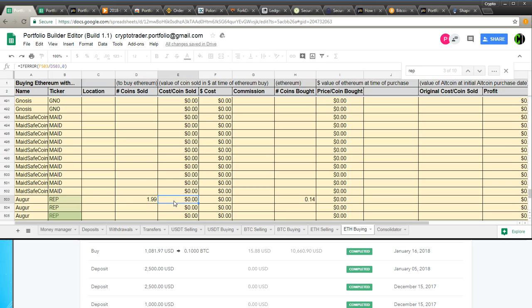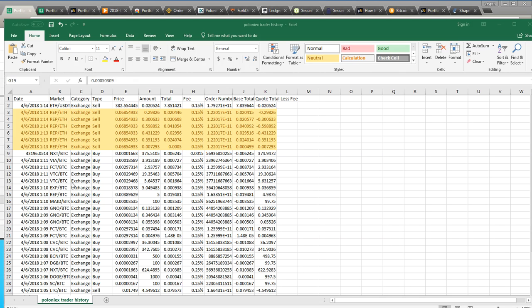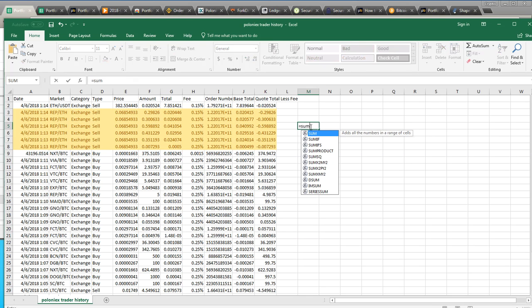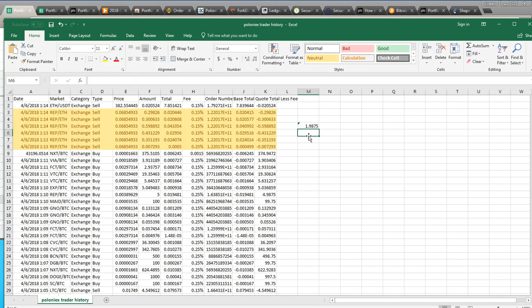It'll automatically figure out the cost of the coin purchased as well as the coin sold. Now I realize the Coin Consolidator is a little weird the way that works, so we will have a better version of that in 2.0, but it still allows you to summarize a big series of trades into one. And also you can just go equals sum to calculate this total here, and equals sum to calculate this total here.